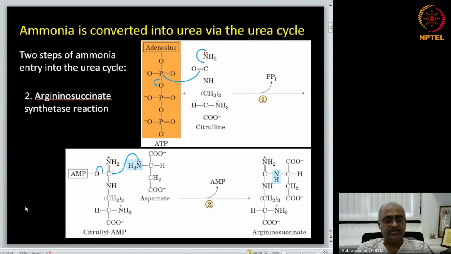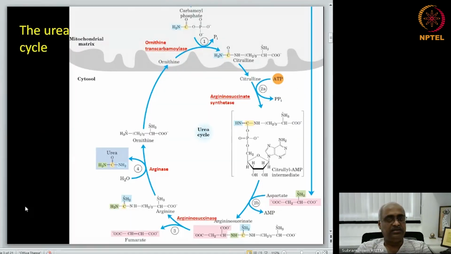Now let us look at the urea cycle itself. Here the shaded portion is the mitochondria. So this reaction happens inside the mitochondria and these steps in the cytoplasm. The first step is the carbamoyl phosphate, the very first set of three reactions that we saw, where the carbonic acid is activated and forms carbamoyl phosphate by combining with free ammonia.